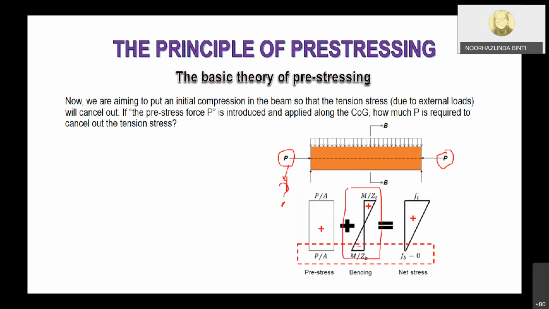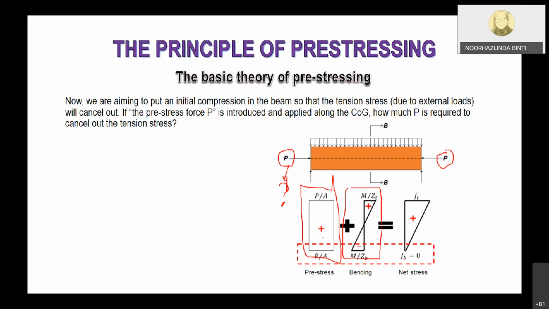And for P here, the introduction of the new force, the distribution of the stresses will be like this. To determine the stress, we just use P over A. P is the value of the force and A is the cross section of the beam.